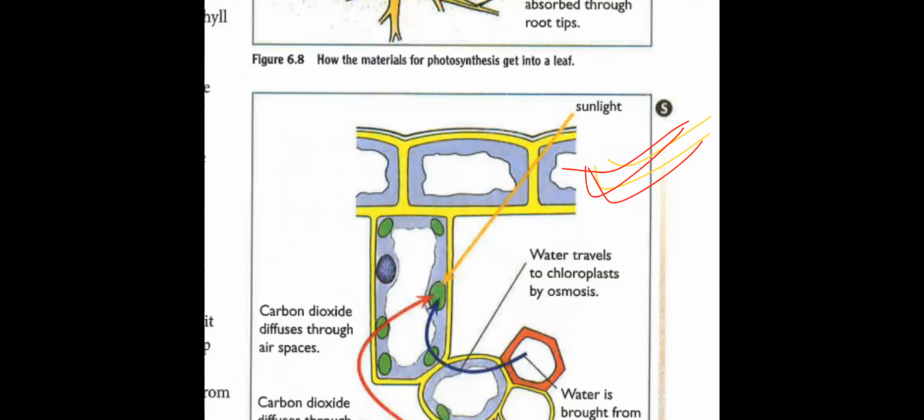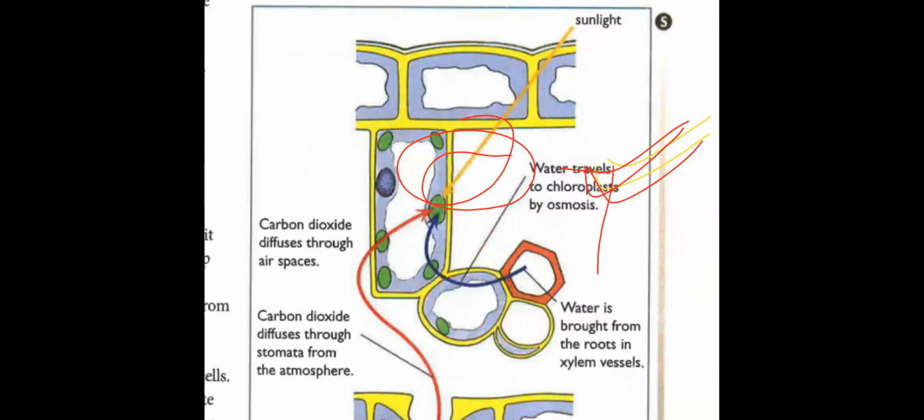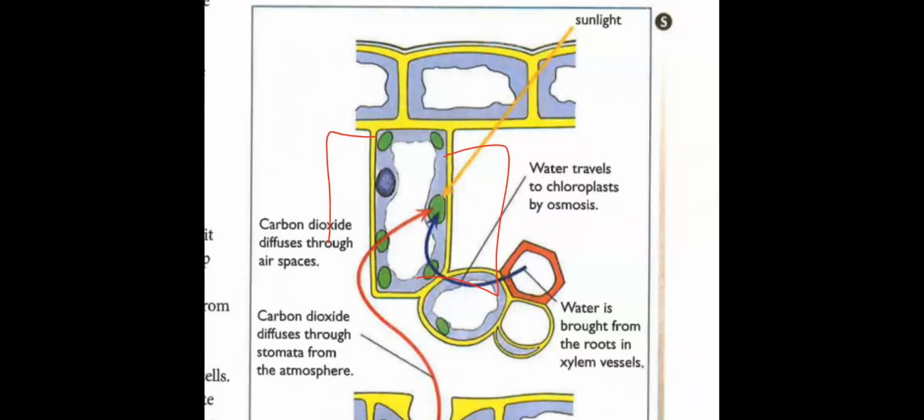In this part, there is no chloroplast present because it doesn't need to perform photosynthesis. Fine? But in the lower layer, this part is known as palisade mesophyll. It has a lot of chloroplast present in it. And water is trapped in this cell, right?